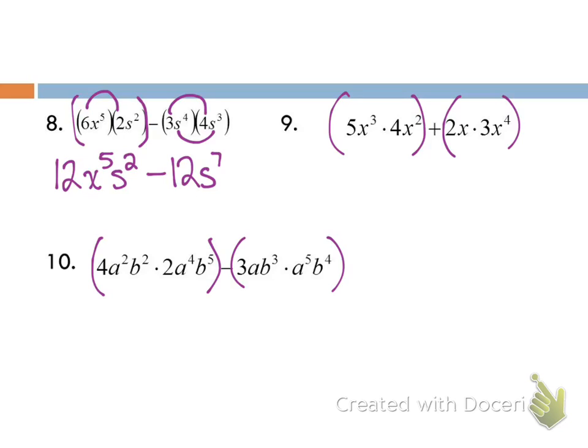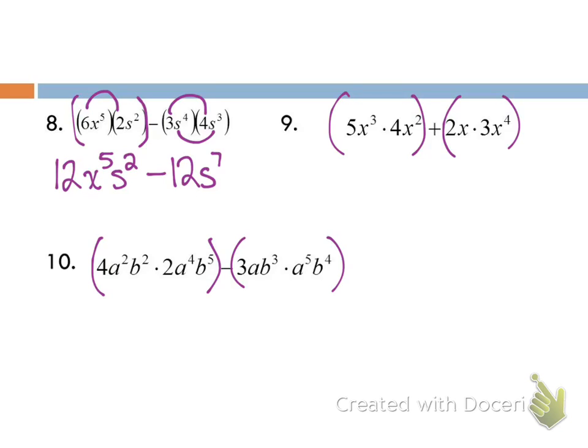In order to add or subtract, these need to be like terms. For them to be like terms, they need to have the same variables with the same exponents. Are these like terms? No, they are not.